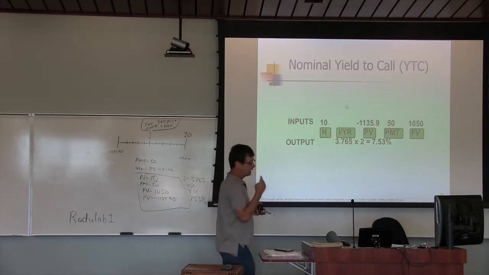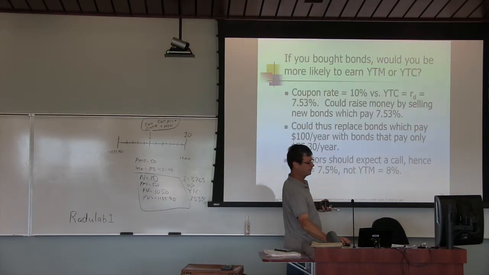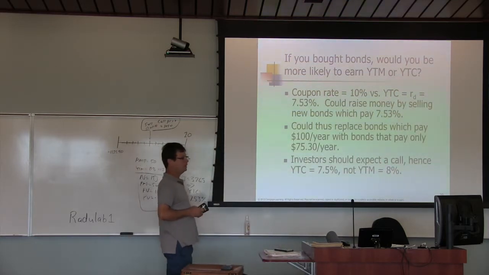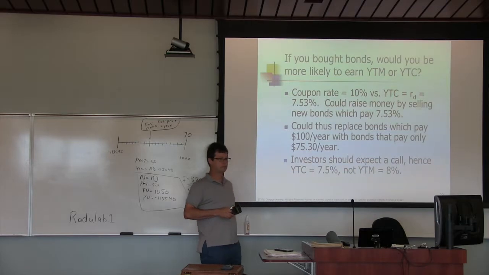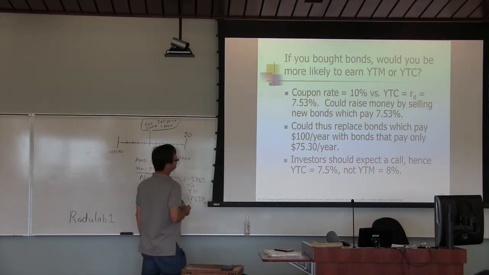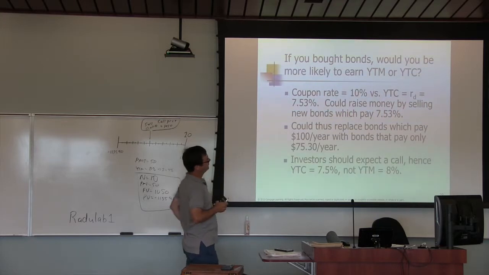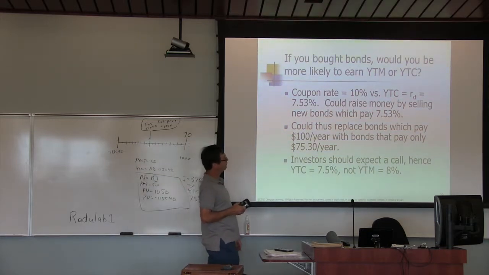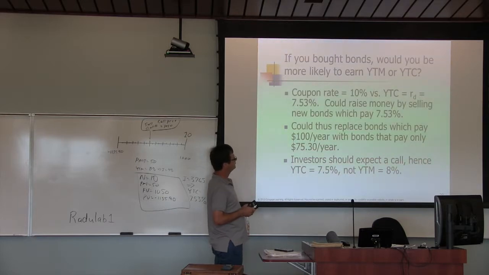All right, and then we come up with that nominal yield to call out of that. Then the next question is, well, if you buy these bonds, are you more likely to get the yield to maturity or the yield to call here, right? So what we see out of this then is they've got a coupon rate of 10%, and based on this, we see that our yield to call is about 7.53% here. So in this case, they should expect that call to happen, from the company's perspective.